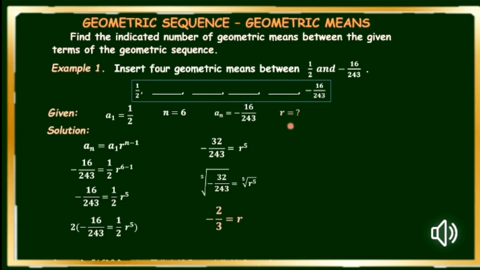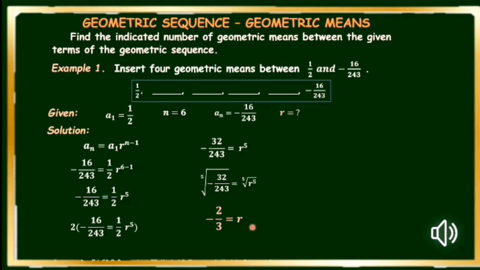So r equals -2/3. Again, the 5th root of -32 is -2, and the 5th root of 243 is 3. So the 5th root of -32 over 243 equals -2/3.